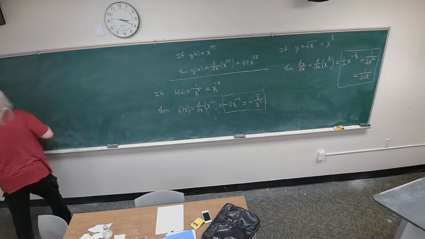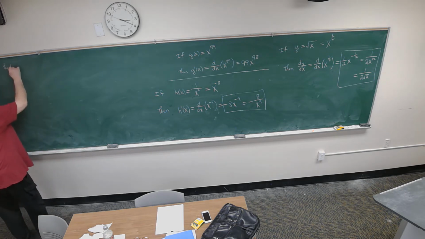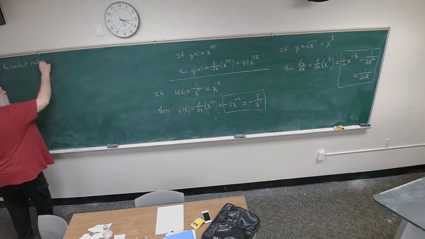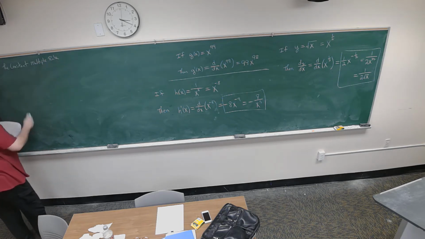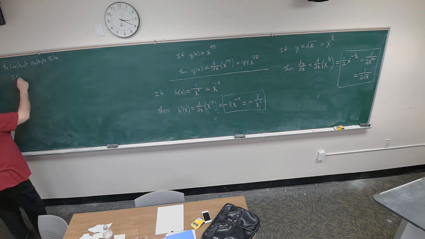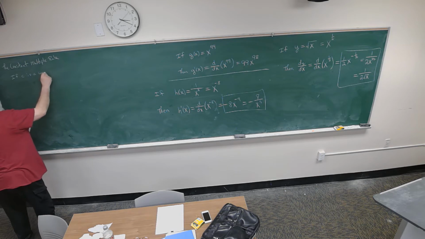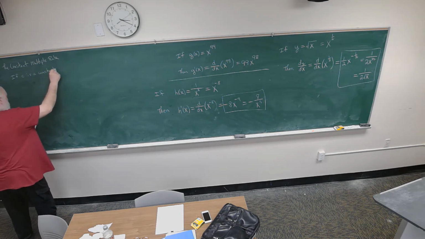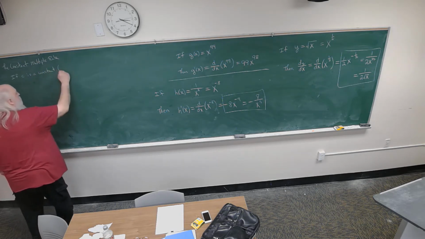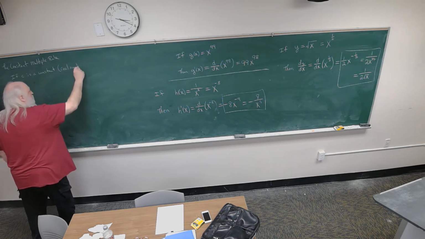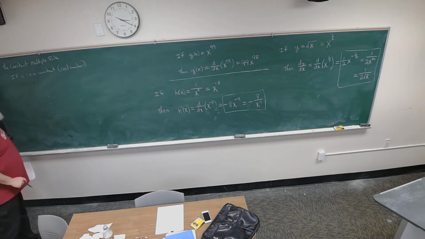The next rule is called the constant multiple rule. And it says if C is a constant, and when we say a constant, we're saying C is a real number, any real number.